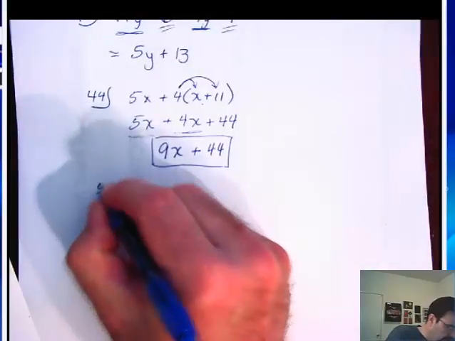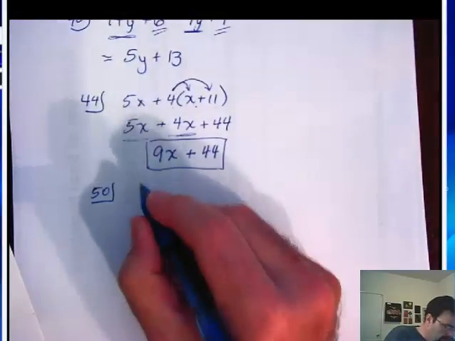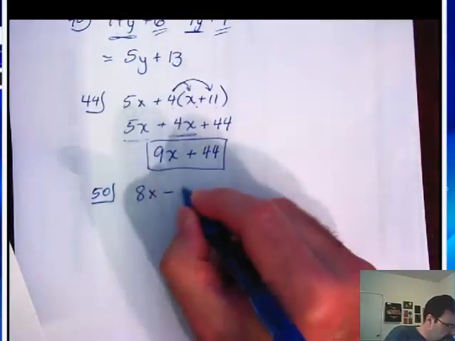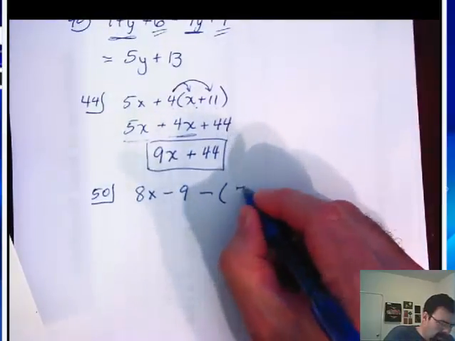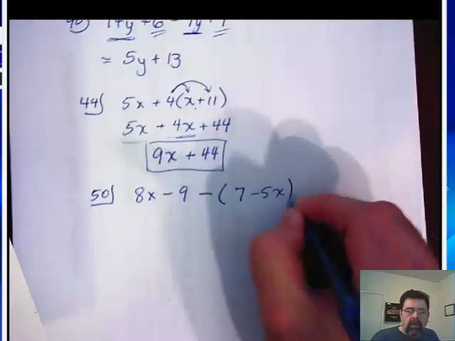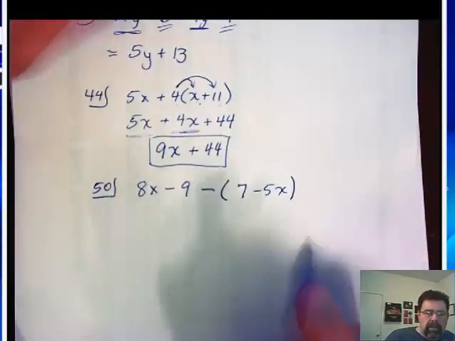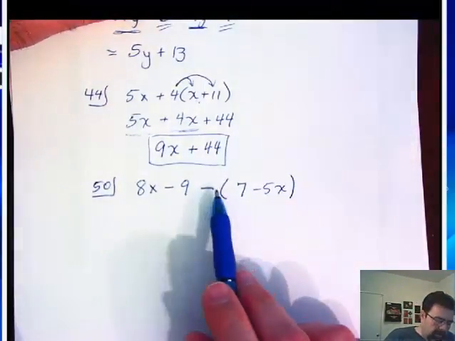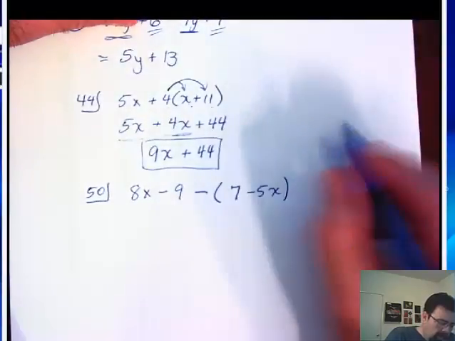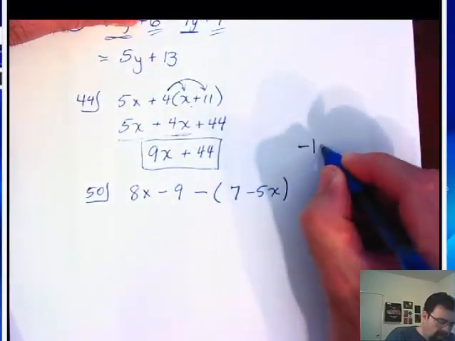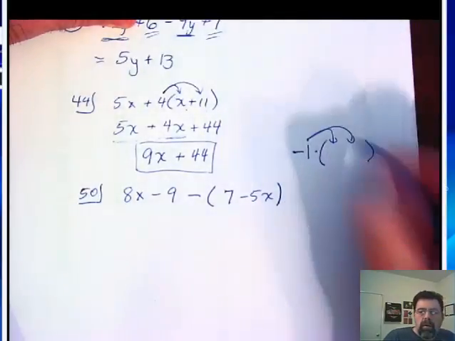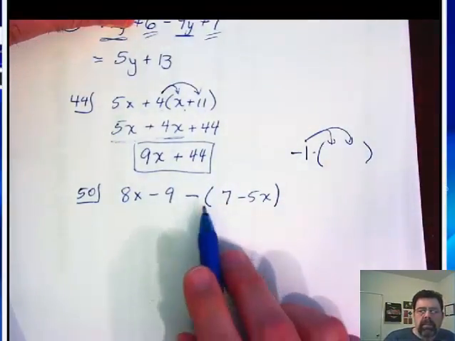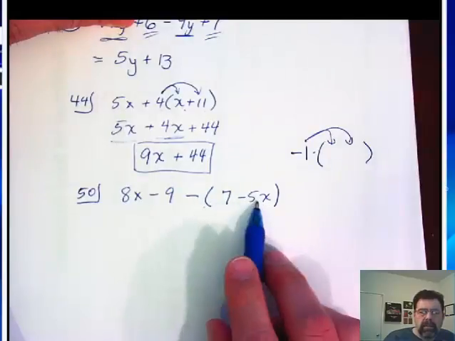Okay, how about number 50? 8x minus 9 minus parenthesis 7 minus 5x. Now there's two ways to consider this minus sign. You can think of it as negative 1 times the parentheses, and then you're going to distribute the negative 1. Or you can think of it as opposite, and you just change both these signs.